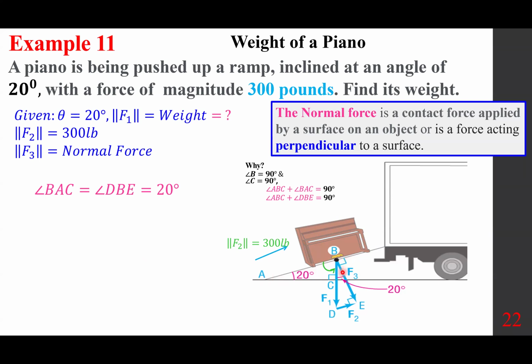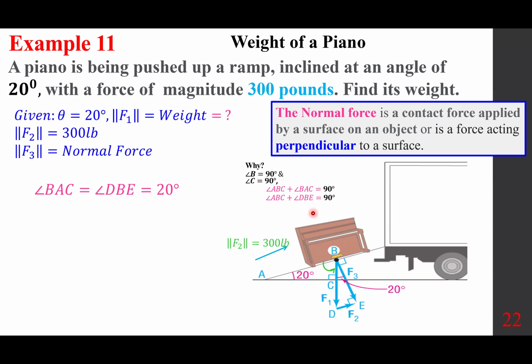And this angle is 90 degrees, so this angle must be 90 degrees too, right? That means ABC and DBE, this one and this one, must also add up to 90 degrees, because together with this 90 degrees it's 180 degrees. Therefore, both of them become the same 20 degrees. That's a proof, believe it or not.